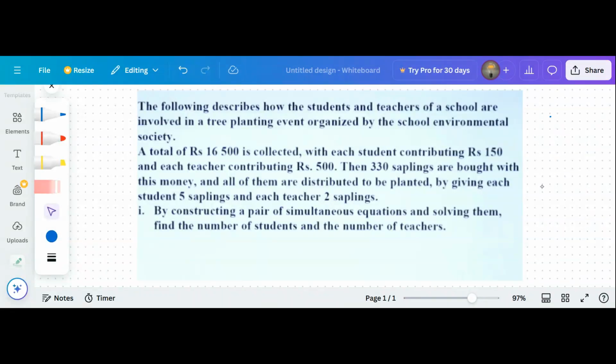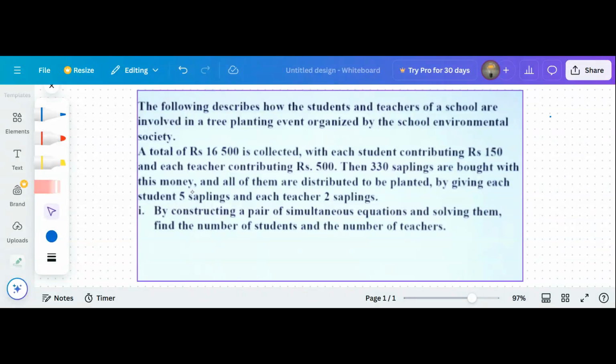Then 330 saplings are bought with this money, and all of them are distributed to be planted. So basically, they are buying some plants, 330 plants, small trees. They are going to plant them by giving each student five saplings and each teacher two saplings.